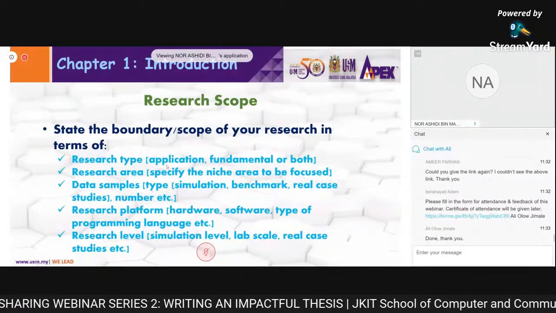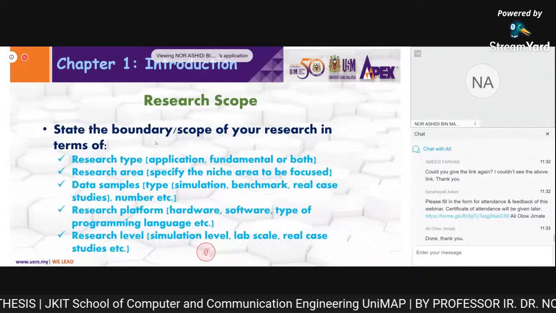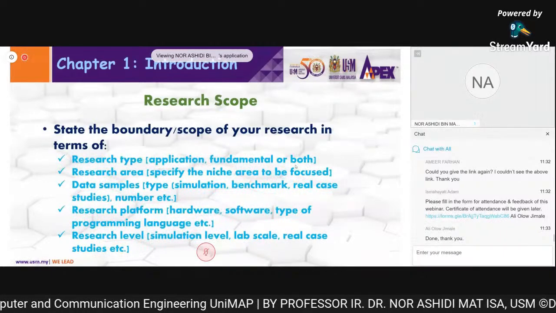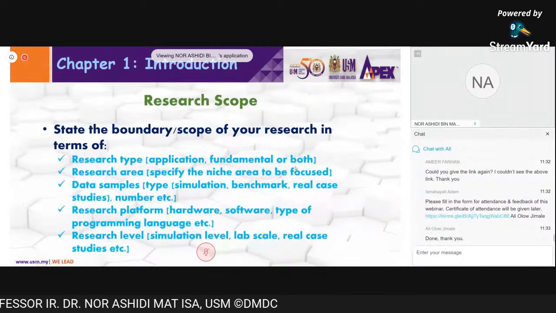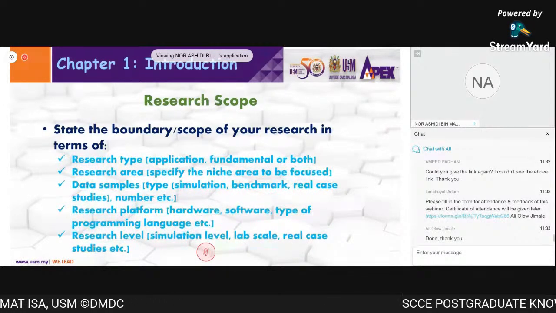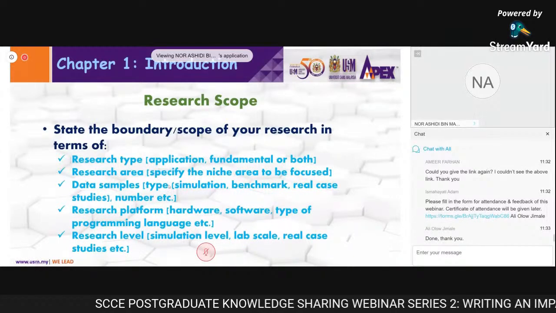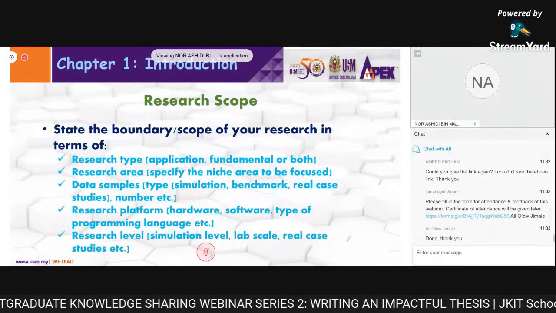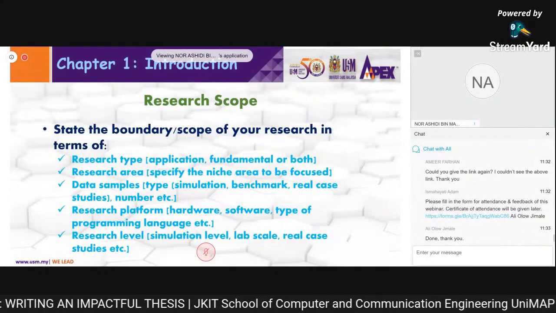So you need to identify your own type of research, either only application or fundamental or both. So as a reader, we know whether the student is only focused on application or fundamental or else. Then you need to specify the research area. In medical, in cervical cancer, we have a pap smear, we have a twin prep.